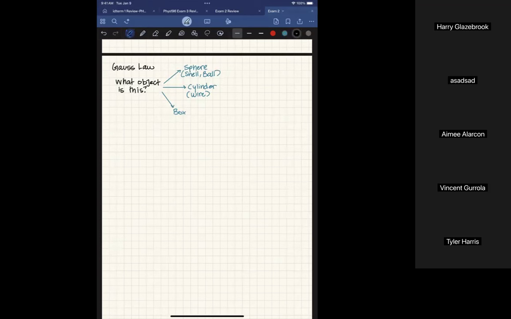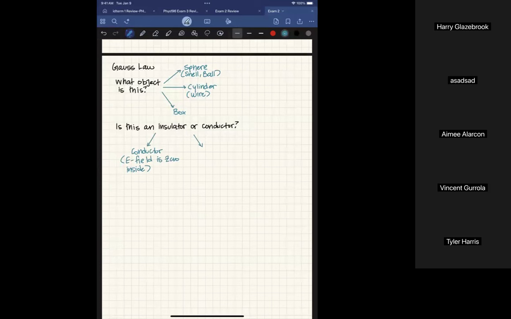Second thing you want to ask is, is this an insulator or conductor? If it's a conductor, we can use the fact that the electric field is zero inside.